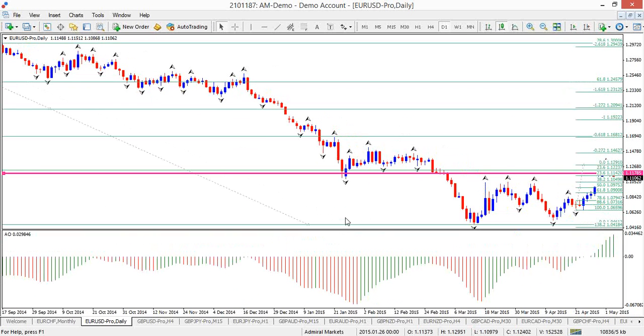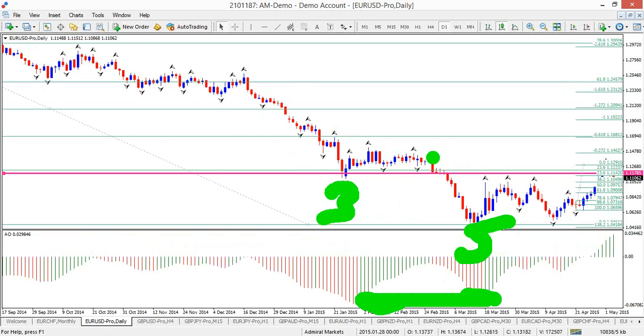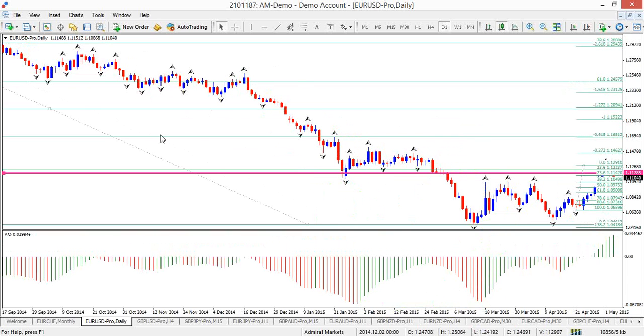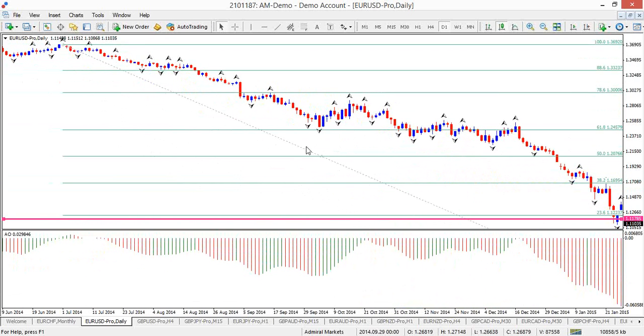Within that wave 3, we'll have again an internal wave count. And we see that here, this oscillator doesn't break this oscillator. So this is probably the wave 5. This is the wave 3 of 3. This is the wave 4 of 3. And we could probably see a wave 1 here, and perhaps here wave 2. So we have a 5-wave structure within that third wave.